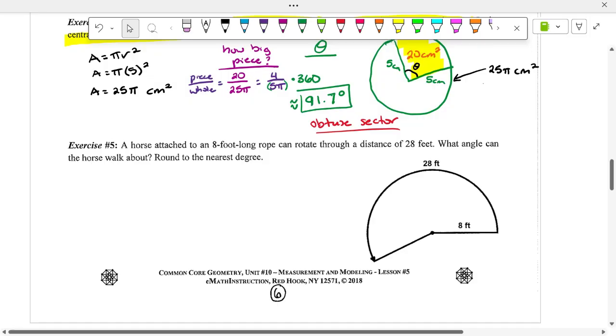All right, so using that same logic, try number 5.